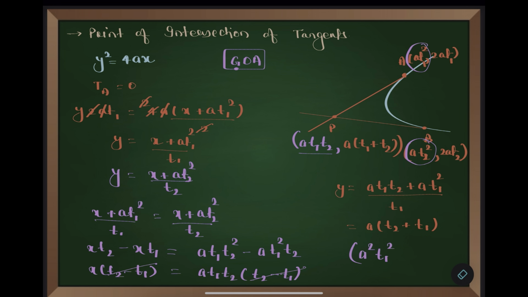G is geometric mean. Now go with A. Who is A? A is arithmetic mean. Okay, now 2at1 plus 2at2 divided by 2. So 2 gone, a common, t1 plus t2, and this is the same thing.